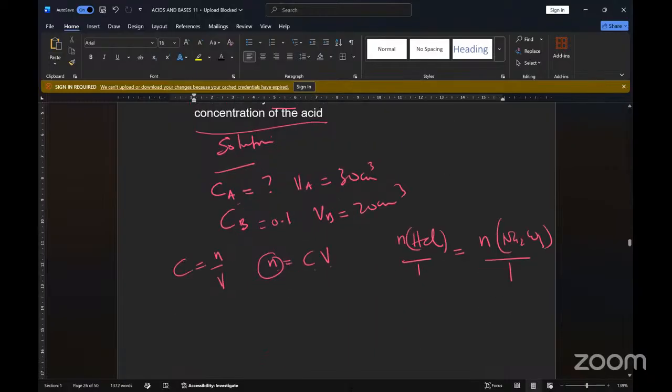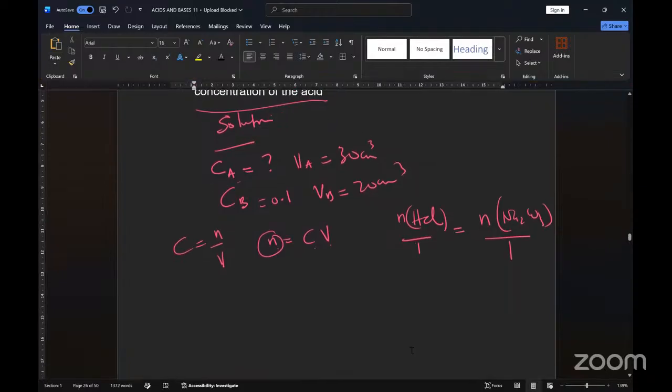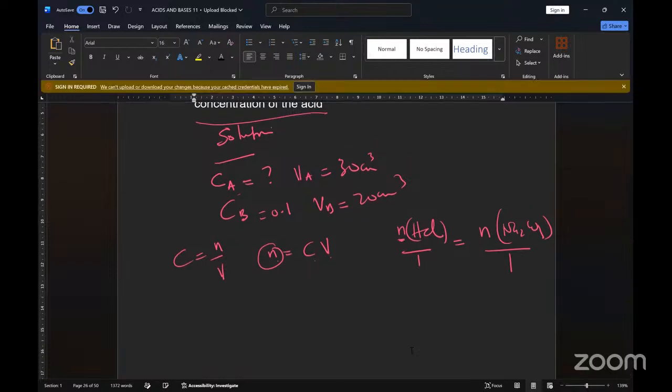So here we can write, in place of this number of moles, concentration of the acid times the volume of the acid over 1 must be equal to the concentration of the base times the volume of the base over 1. Now, anything divided by 1 is that thing.